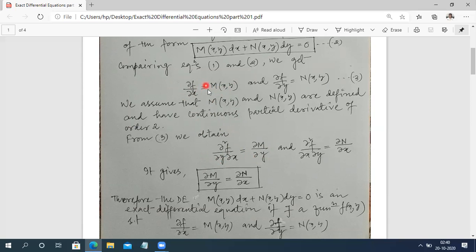We are partially differentiating M with respect to y, so ∂M/∂y is nothing but ∂²f/∂y∂x.